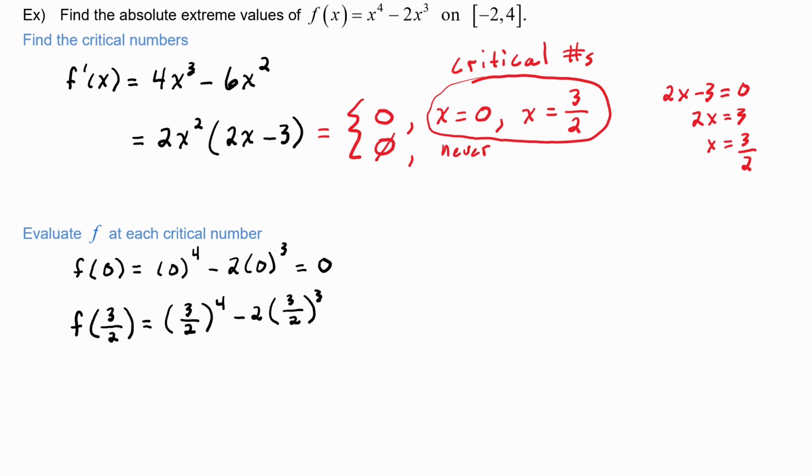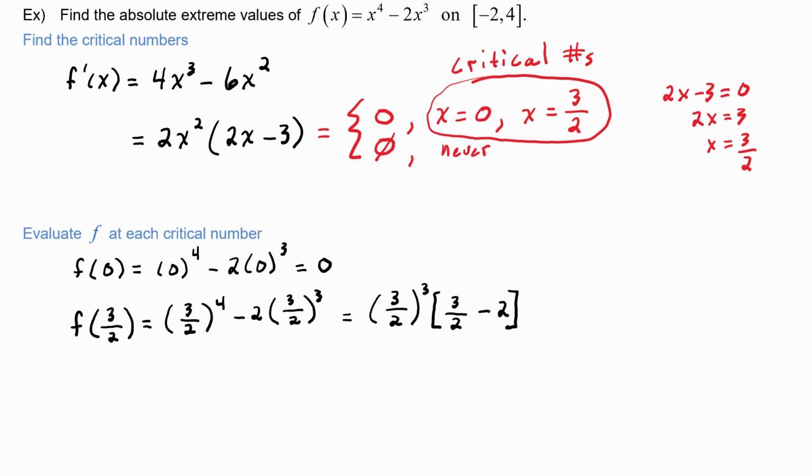Now, when I have to do this, and I'm not using a calculator, I see that I have a 3/2 to the 4th here and a 3/2 cubed. So what I would do is factor out that 3/2 cubed, because that's going to be easy to evaluate. And then from this first term, we would have 3/2 left minus, from the second term, we just have 2.